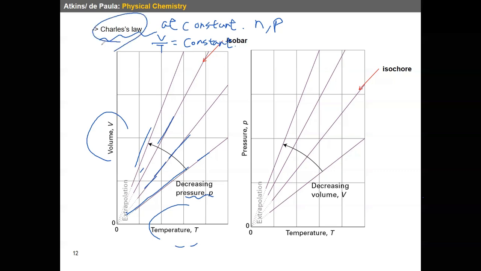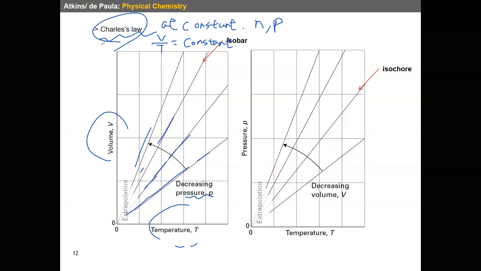This is kind of step by step. We remember Boyle's law, we remember Charles' law, and then we learn Avogadro's law. Then we can combine these three things and finally get the perfect gas law, which is a really famous law.